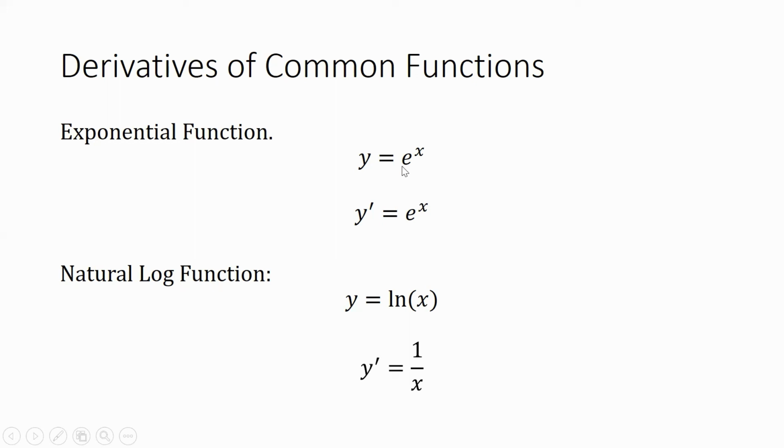We call this e sort of a natural growth. This is the reason why e to the x is the natural base, if that makes sense. And we call this a natural log for the same reason. Log base e, when you take the derivative, you get 1 over x. So this number e is important. When we take a derivative of e to the x, you get e to the x. When you take a derivative of natural log of x, you get 1 divided by x.